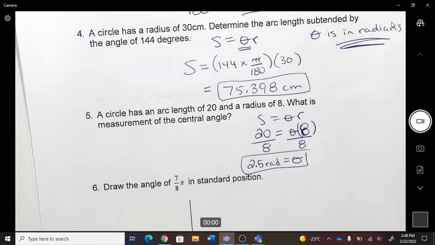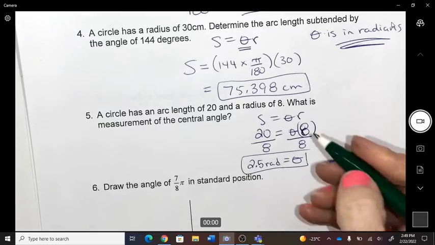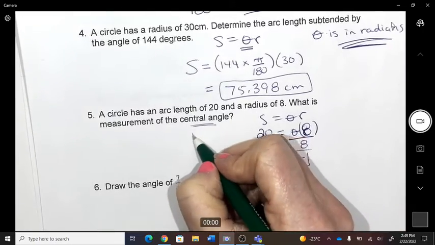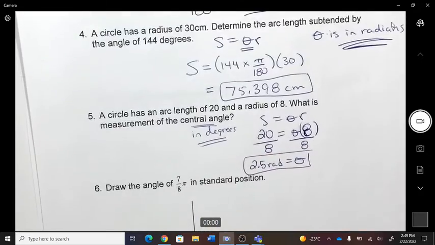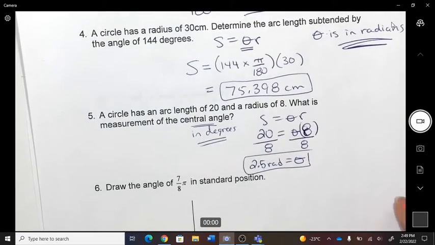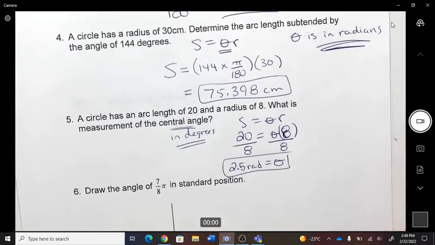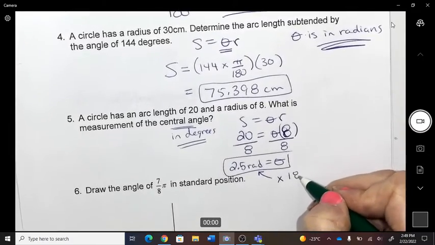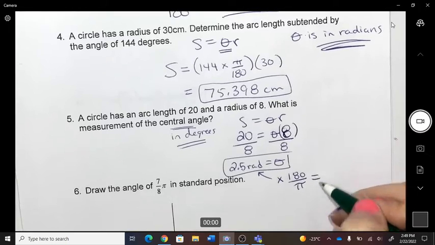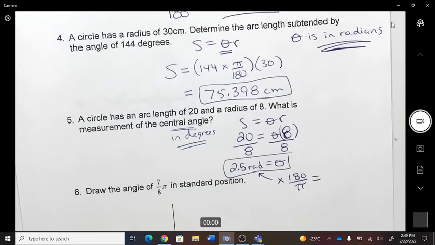Okay, this question, I probably wouldn't give you a question like this. It's too easy. What I might do is say, what is the central angle in degrees? So now what would you do? If I said in degrees, you're going to take this and times it by 180 and divide it by pi.